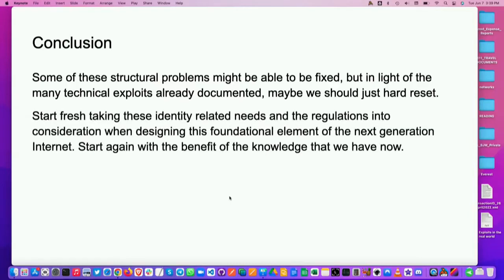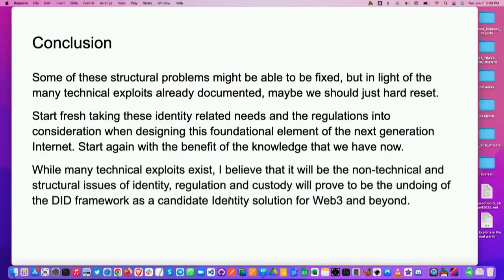Start fresh, taking these identity-related needs and regulations into consideration when designing this foundational element of the next generation internet. Start again with the benefit of all the knowledge that we have now.